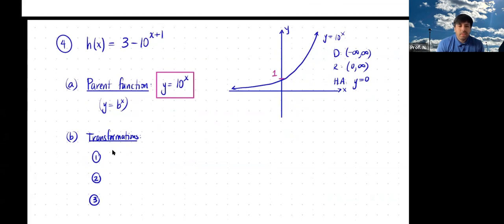What's being applied to 10 to the x? I have this plus 1 in there somehow. I got this negative as well. So what does that negative tell us?